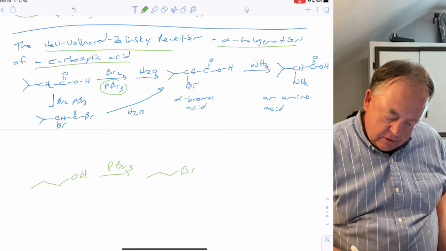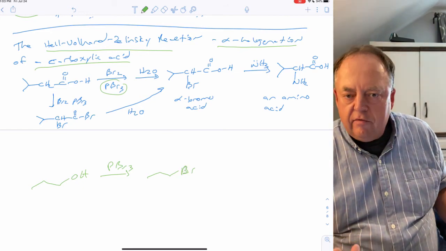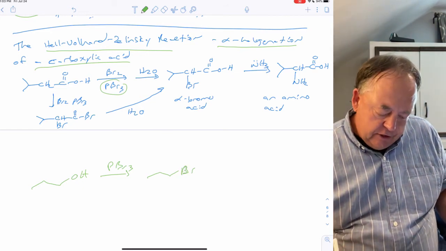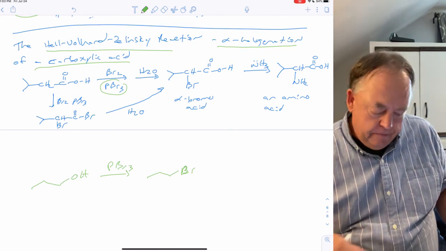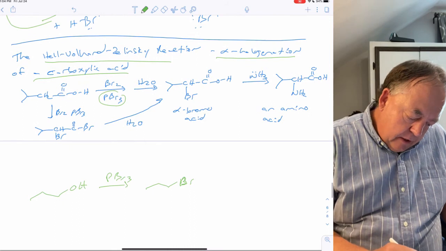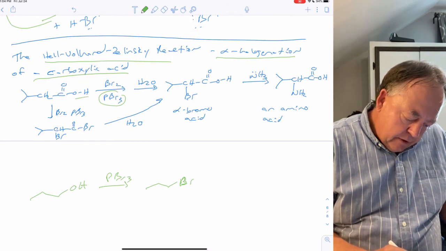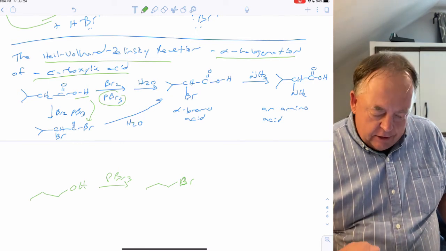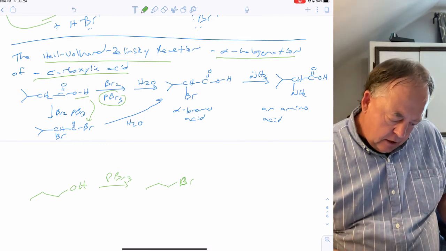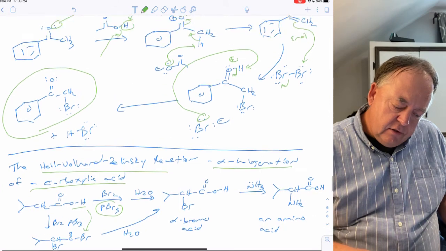That will convert, so it's the bromine equivalent of SOCl2. SOCl2 converts OH to chlorine, PBr3 converts OH to bromine. So that's what the PBr3 is going to do. It's going to convert the carboxylic acid to the acid bromide. And then that's going to do an alpha halogenation through a mechanism similar to this.